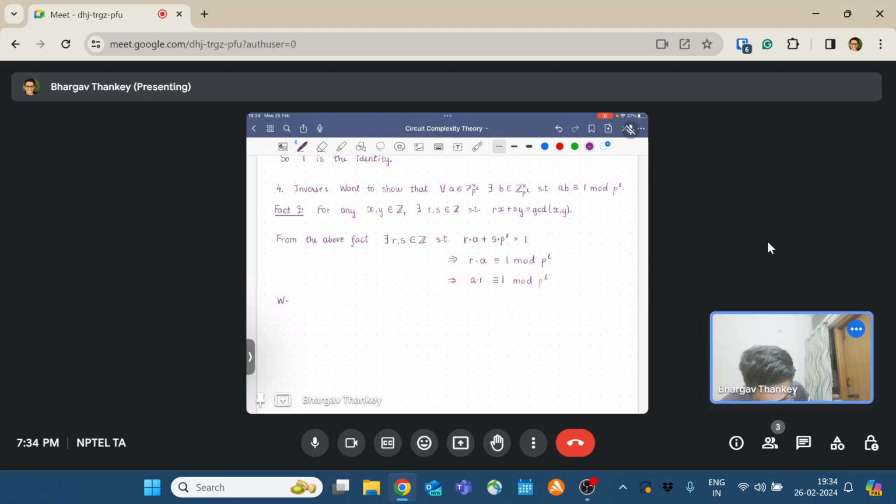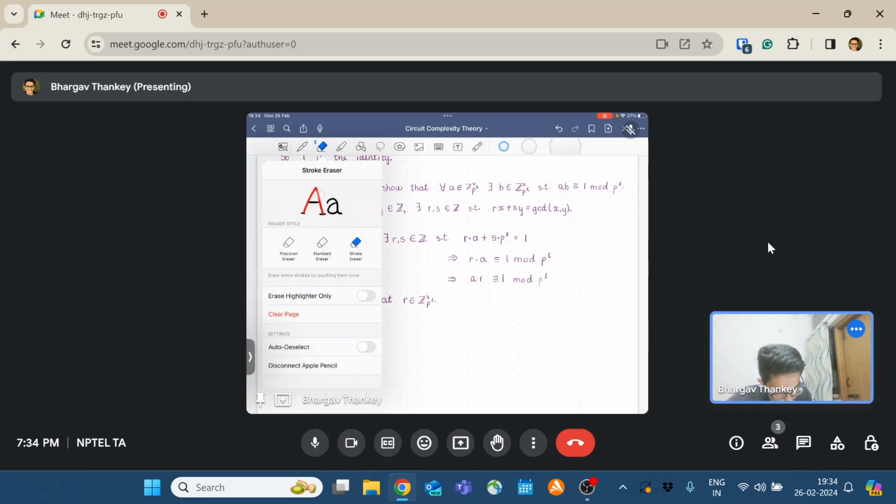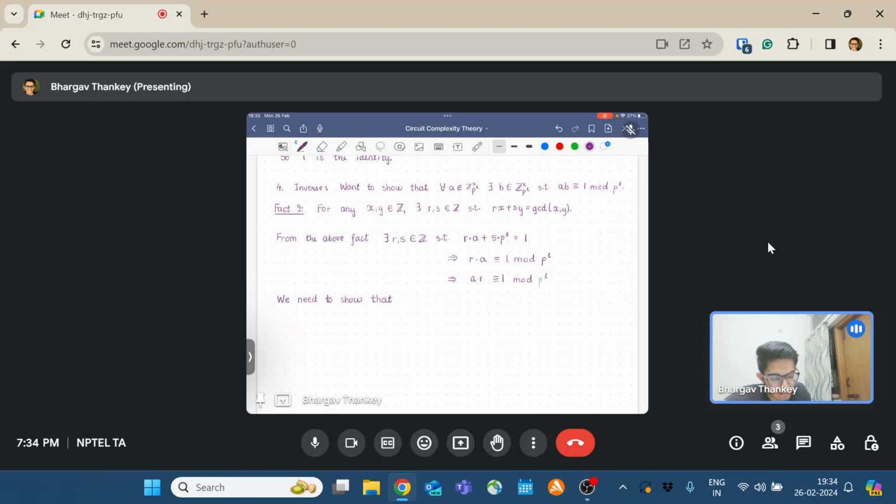So we need to show, okay, R is clearly between, wait, not R. Because R can be an integer, it can be negative as well.